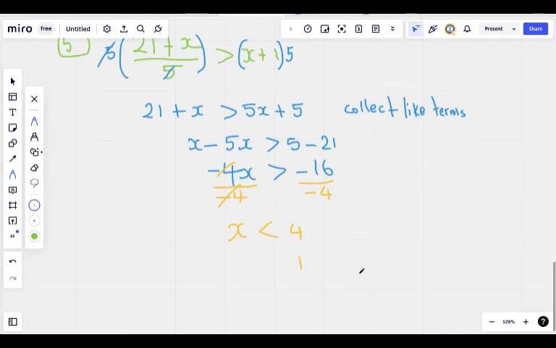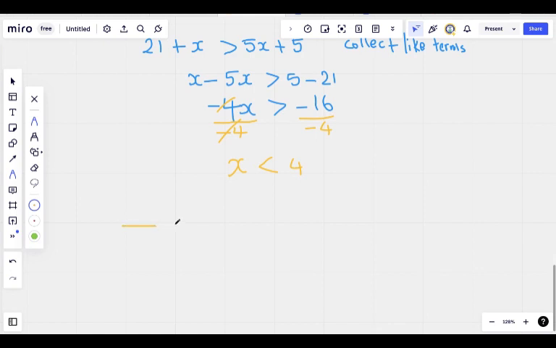We show the number line, we also show the positive integers. If x is less than 4, then we have 0 here, 1 here, 2 here, 3 here, 4 here, 5 here, 6 here.